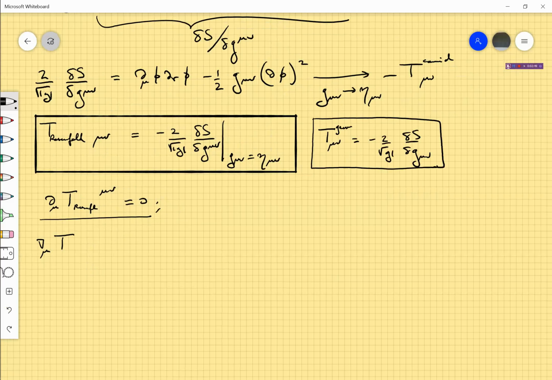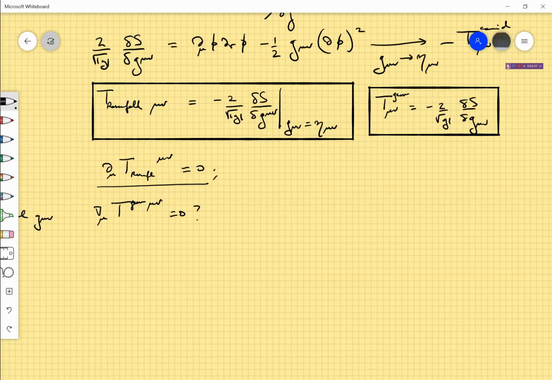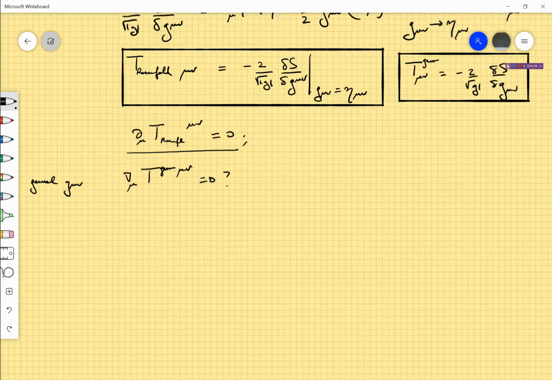Now we want to check if this gravitational energy momentum tensor satisfies this property. Let us see what happens for the particular case of the scalar field, and then we will see if what we find remains true for more general fields.